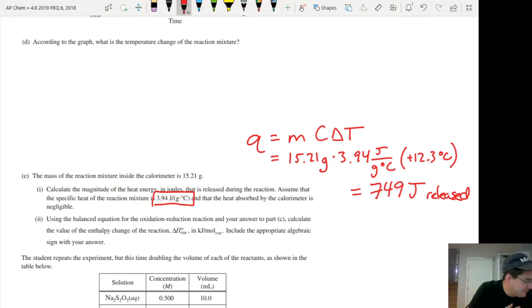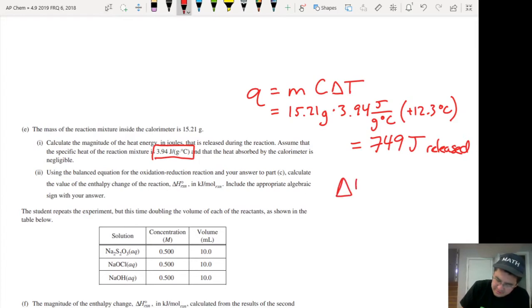Okay. So using the balanced equation for the oxidation-reduction reaction, and your answer to part C, calculate the value of the enthalpy change, delta H, in kilojoules per mole. This is per mole of reaction. Include the appropriate algebraic sign with your answer.